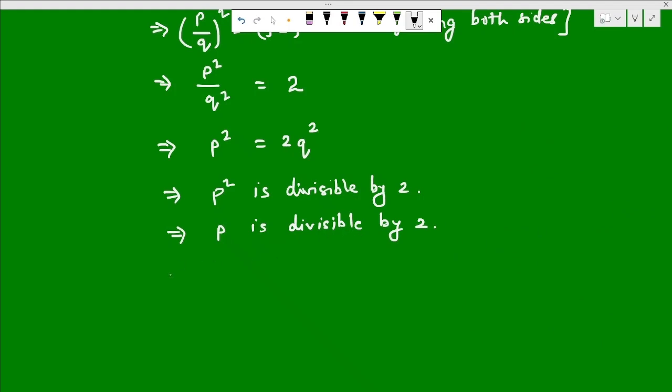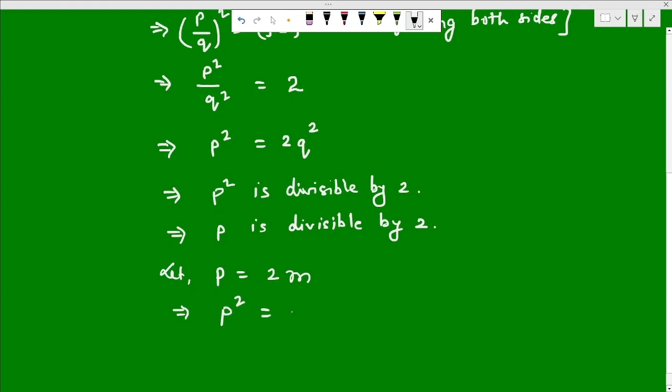Now let's move ahead. Since p is divisible by 2, we can assume that p equals 2 into some factor. We don't know what the factor is, so simply assume a variable, let it be m. Now in the next step, take the square of both sides, squaring both sides.